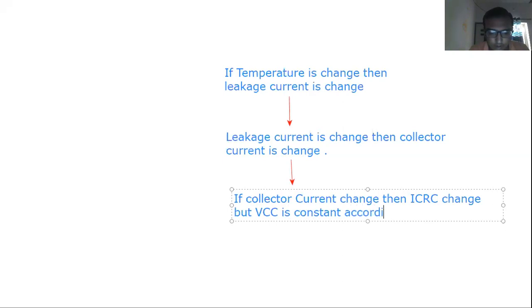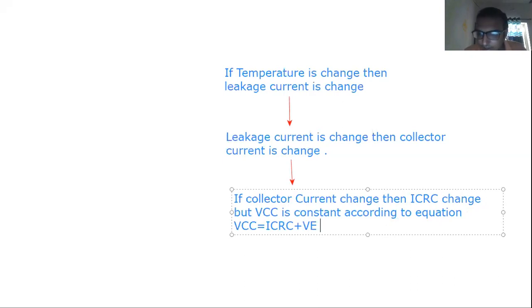According to the equation VCC equals ICRC plus VCE. If collector current changes, then ICRC changes, but VCC is constant.